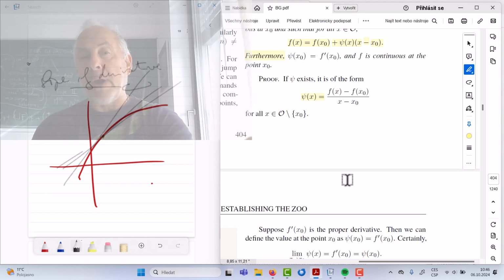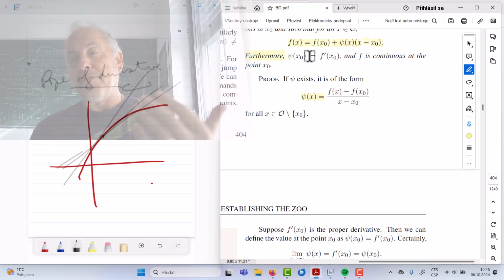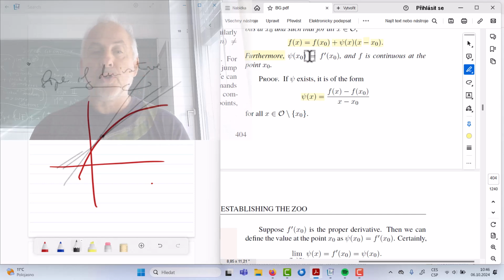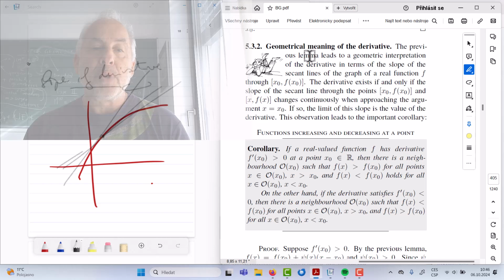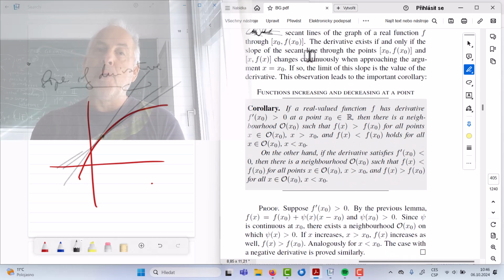And it means by this very formula that the function must always have bigger values than f(x0) on the right hand side and less than f(x0) on the left hand side. That's what we describe by saying that the function is growing in that point, increasing in that point.